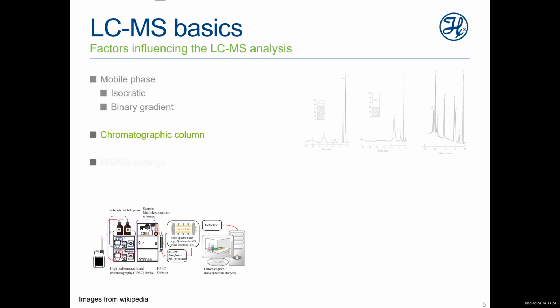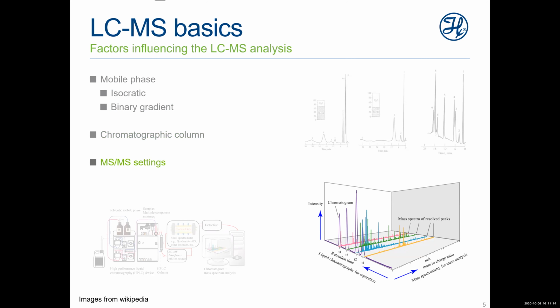And once we have chosen the column and set up the method, we move to the mass spectrometer settings. The acquisition of the data from a triple quadrupole mass spectrometer is more complex compared with other detectors. We have to consider that the acquisition in mass spectrometry is a three-dimensional acquisition.